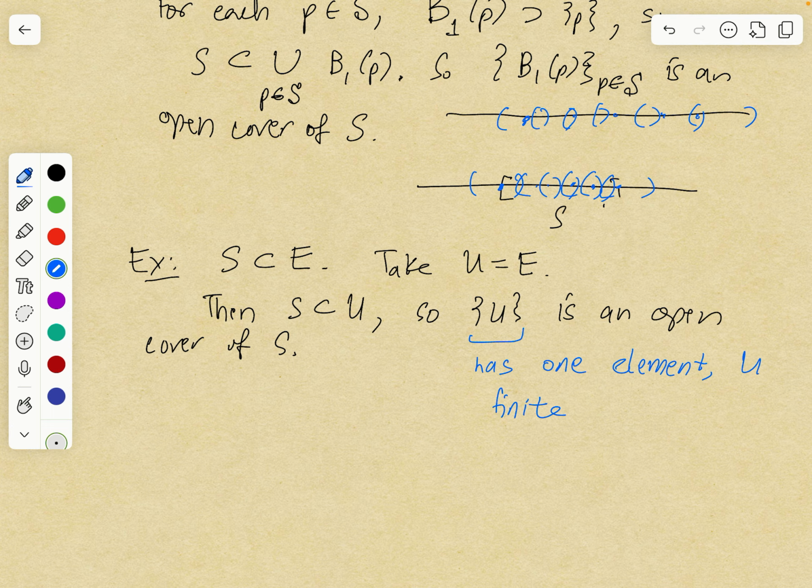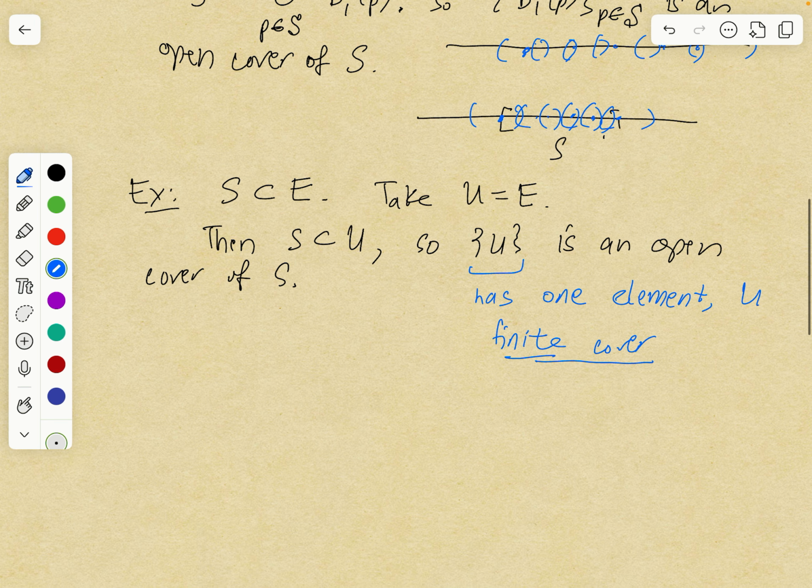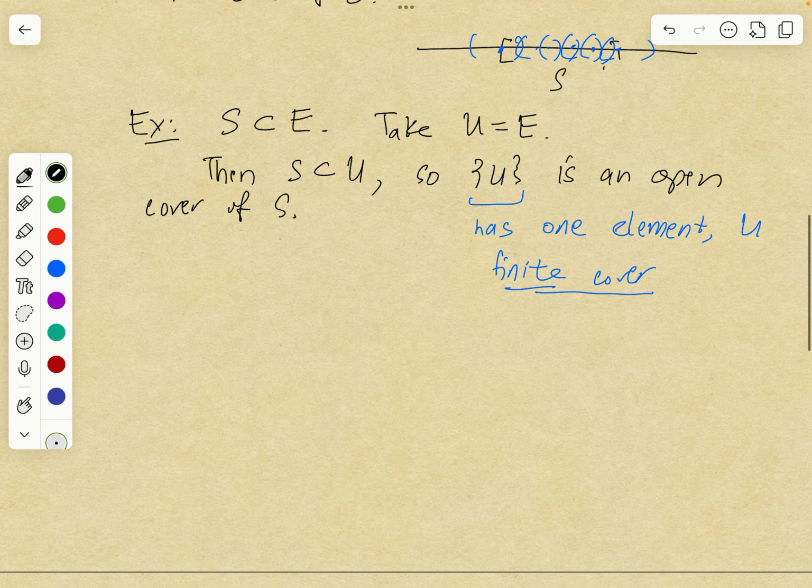Now U itself may be an infinite set, but the cover itself is finite. Do we understand the distinction? Because this open cover has only one element in it, and a one element set is a finite set. That's an important thing to keep in mind when you are thinking about the definition of a cover.